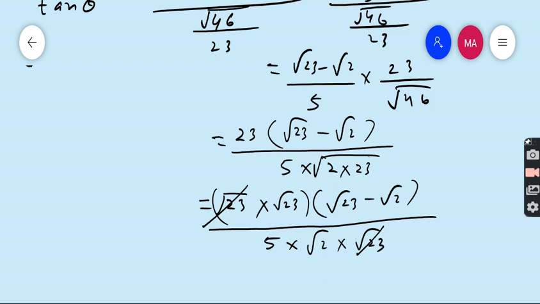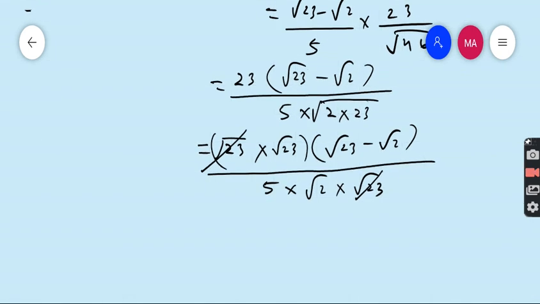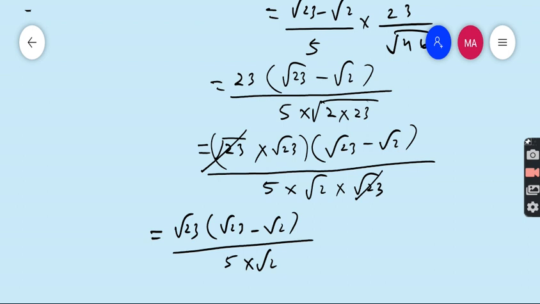Okay, next, 23 into root 2 into root 2. Multiply this root 2 by it.